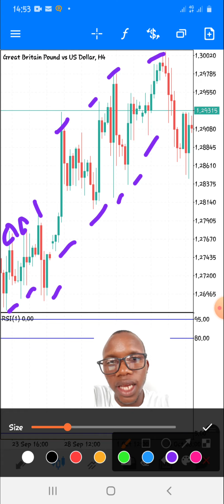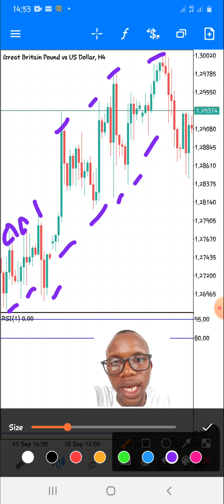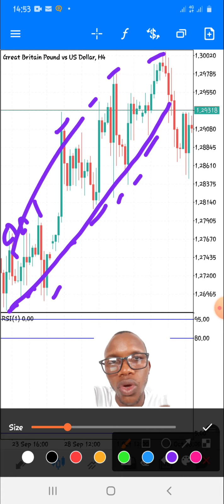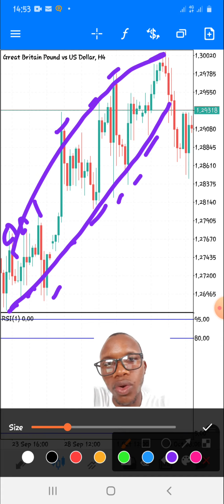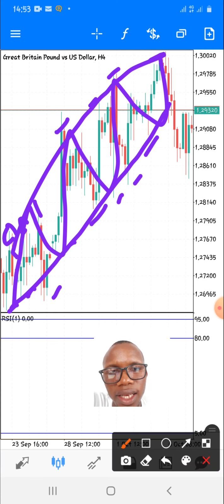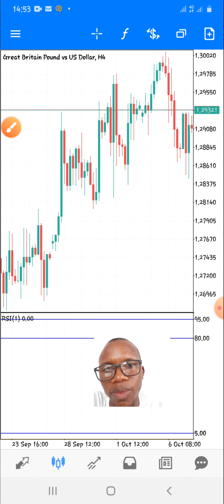In this case, if let's say we draw a trend line, the trend line will go straight on the lower highs and also on the higher highs. You see, the price is moving from the lower high to the higher high. I think you can see what I'm trying to demonstrate.